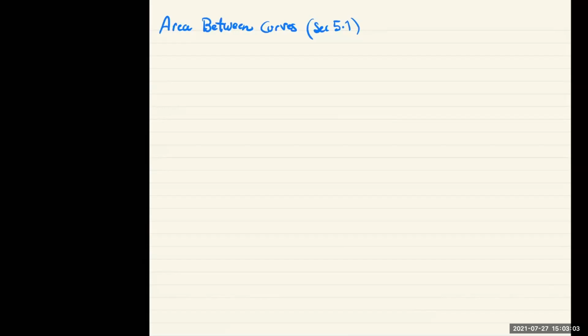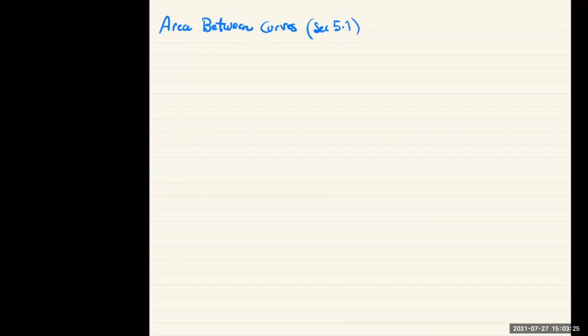Yes, we've done it using Riemann sums, and it's defined as the definite integral from a to b. That gives you area, but we're going to be looking at area between curves, okay? The idea is pretty much the same. So let me go over just a basic version of this.